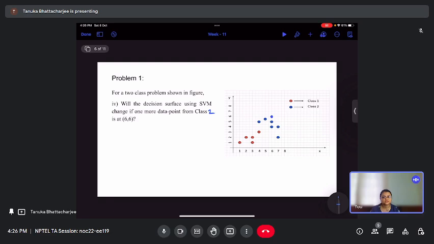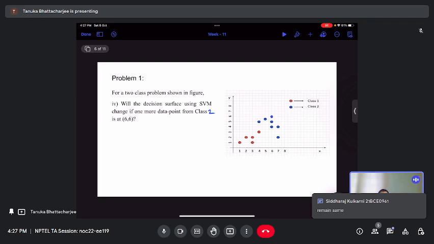What do you think? Will the decision surface change if you add one more point 6, 6, which is far inside the data set and not towards the boundary of this particular class with the other class, it is far inside the class.